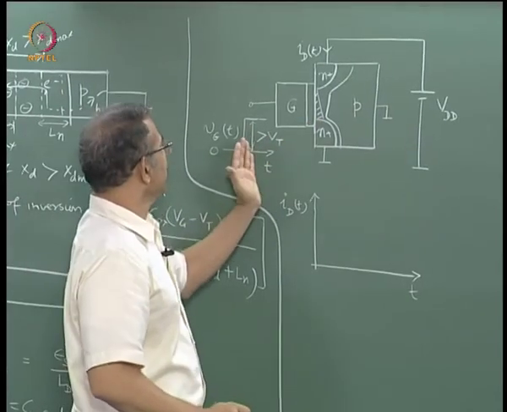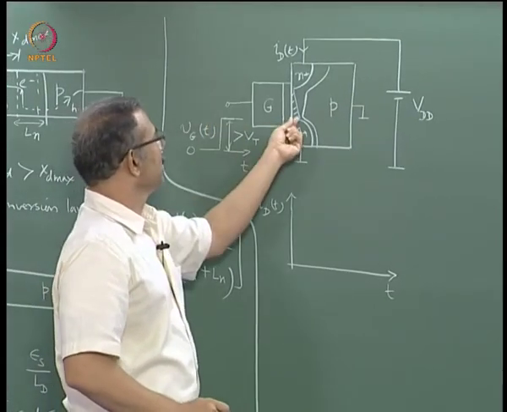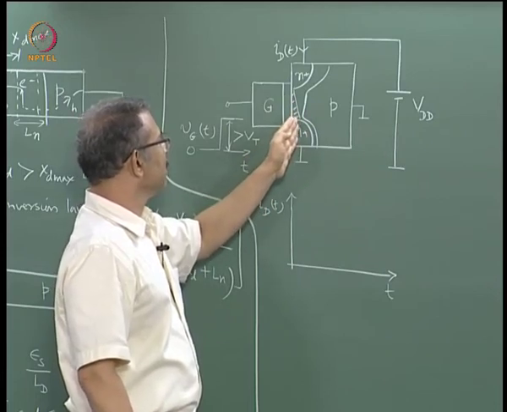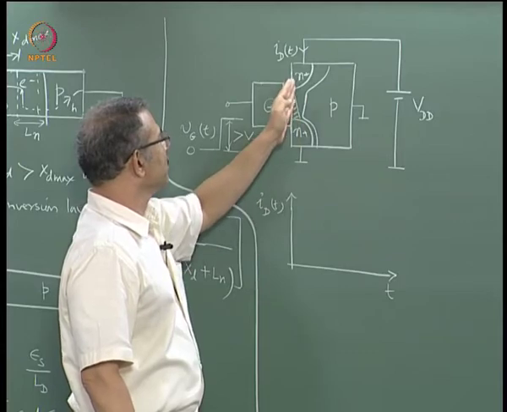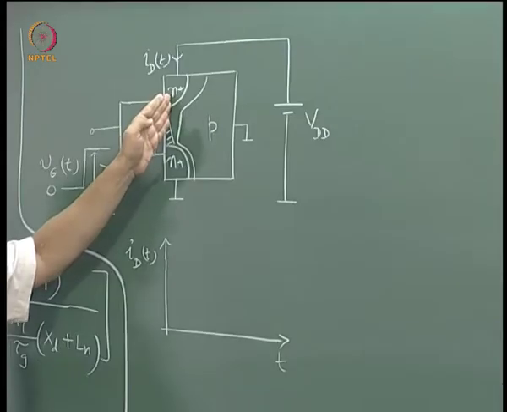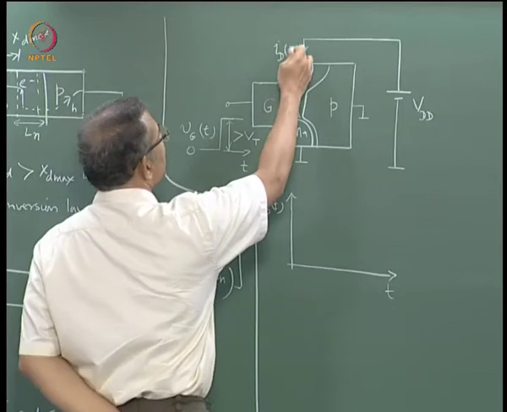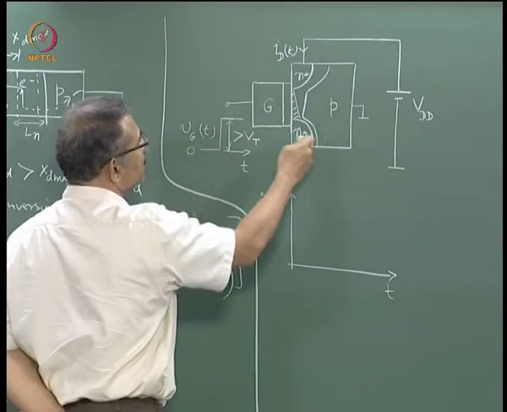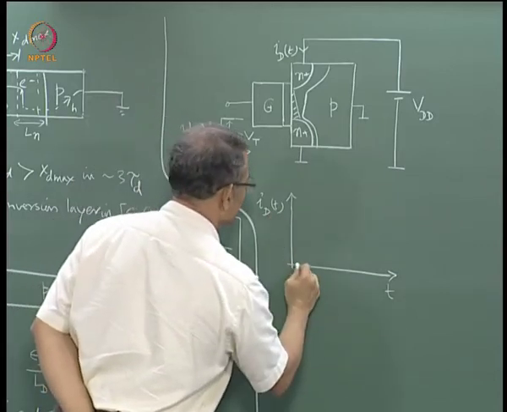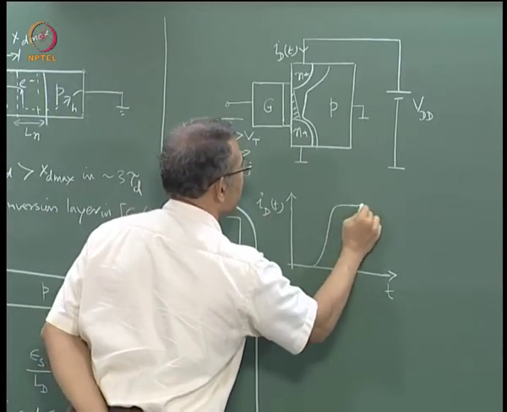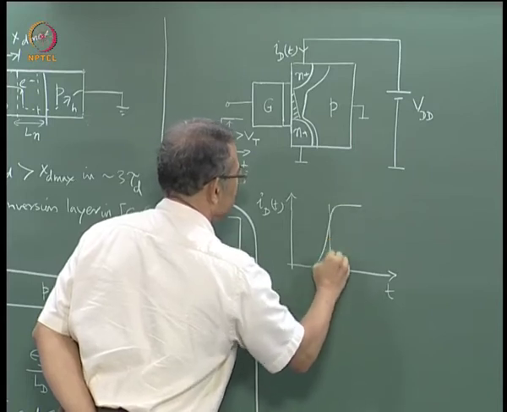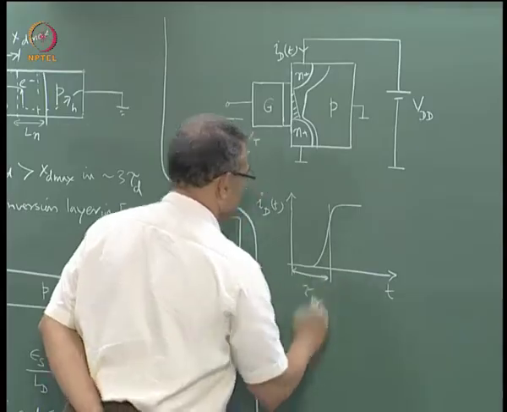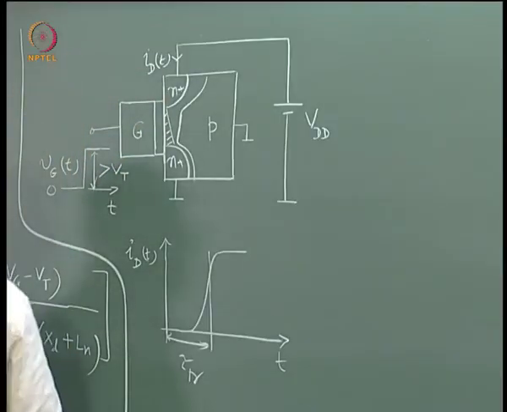The moment you apply a gate voltage, the inversion layer will start building up. Electrons in the inversion layer will take about a transit time to reach this drain end, and therefore you will find that the ID(t) in response to VG(t) will appear after a transit time. So the ID versus t would look something like this, where this duration is about the transit time of carriers from source to drain.